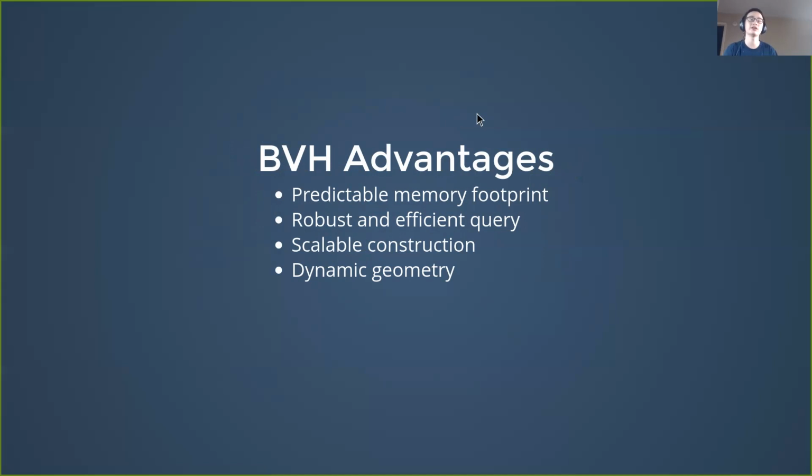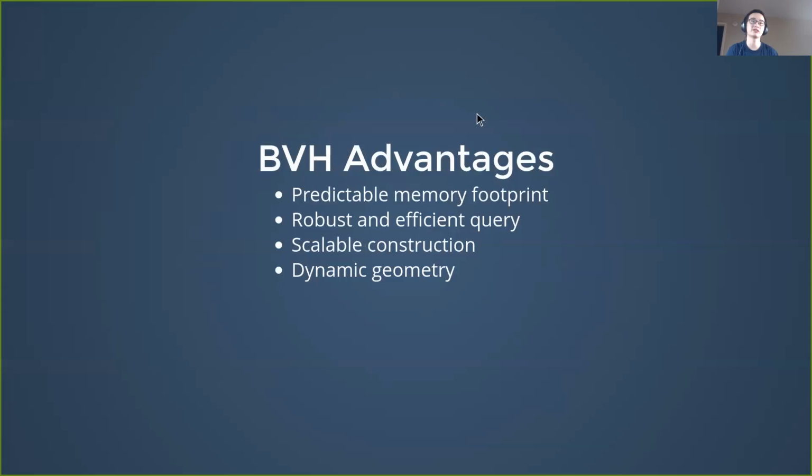There are several advantages of BVH. First, it has a very predictable memory footprint. For example, for a binary tree BVH, you cannot have more than 2n nodes if you have n objects. So you can know an upper bound of the memory consumption of the BVH if you know how many objects you have.